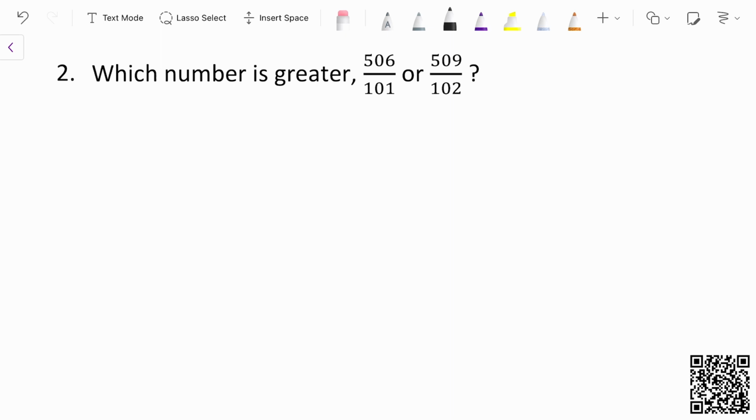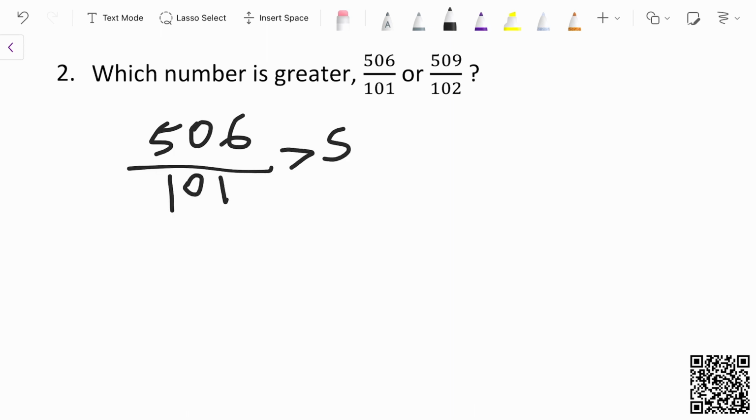For example, in this problem, if we have 506 over 101, 101 times 5 is clearly 505, right? And that means that this number is greater than 5. So you guys can tell that, right?